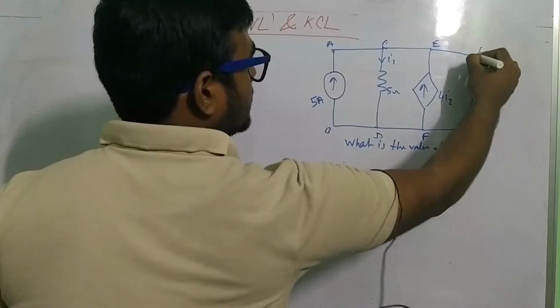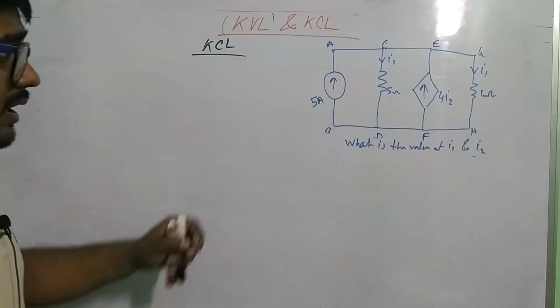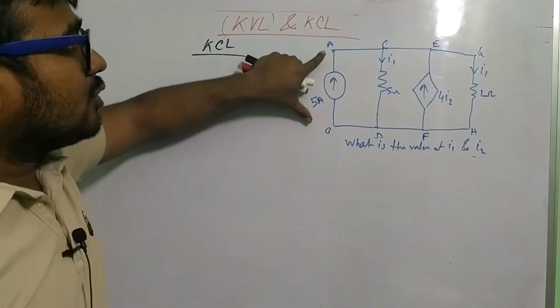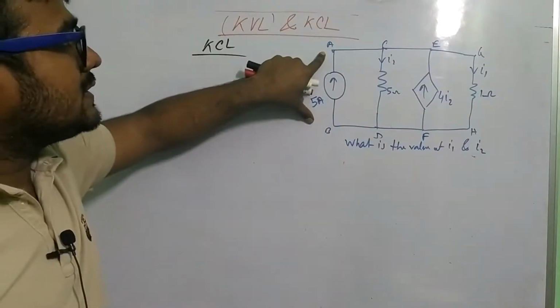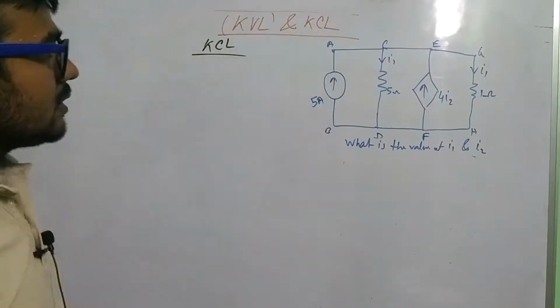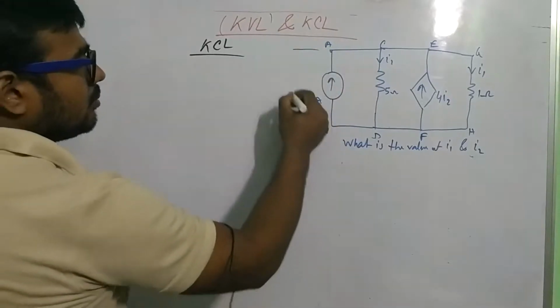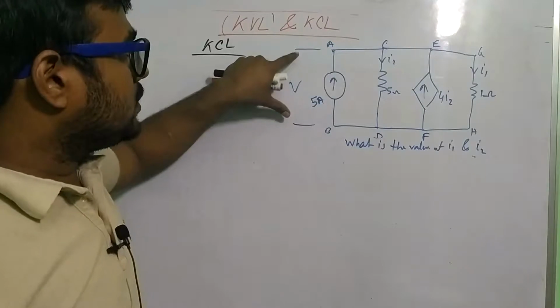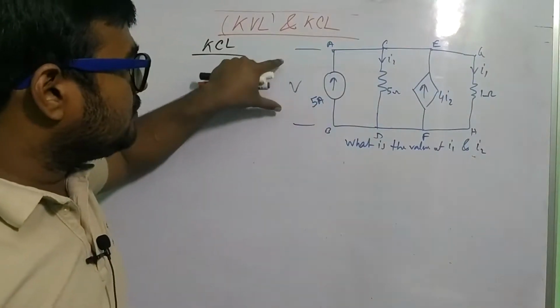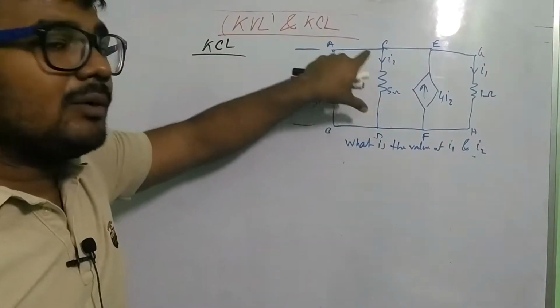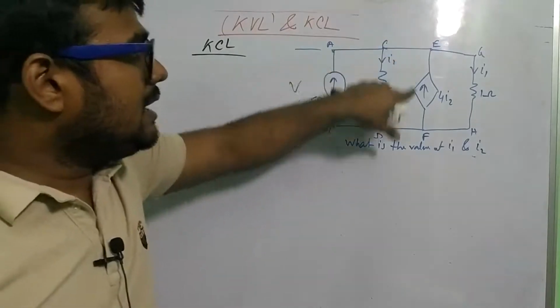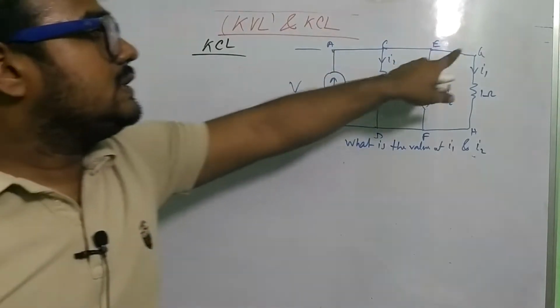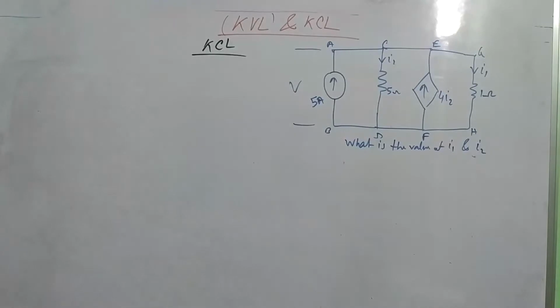Across the AB point the voltage is, consider, V. Also the CD point voltage is V, the EF point voltage is V, and the GH point voltage is V. Why? Because in a parallel circuit the voltage remains the same.